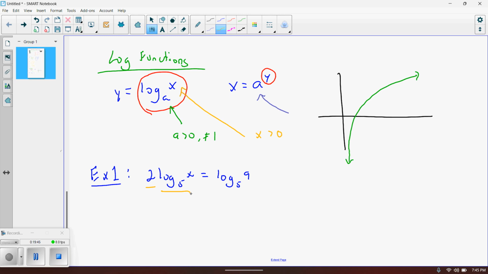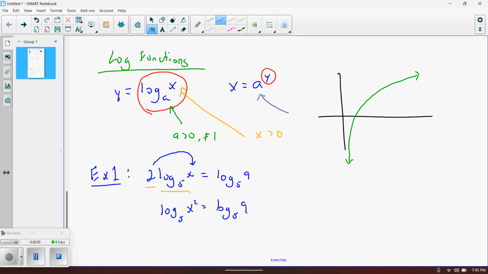You can take the coefficient, that 2, and bring it up to be the exponent of the argument. So we can rewrite this as the log base 5 of x squared equals the log base 5 of 9.